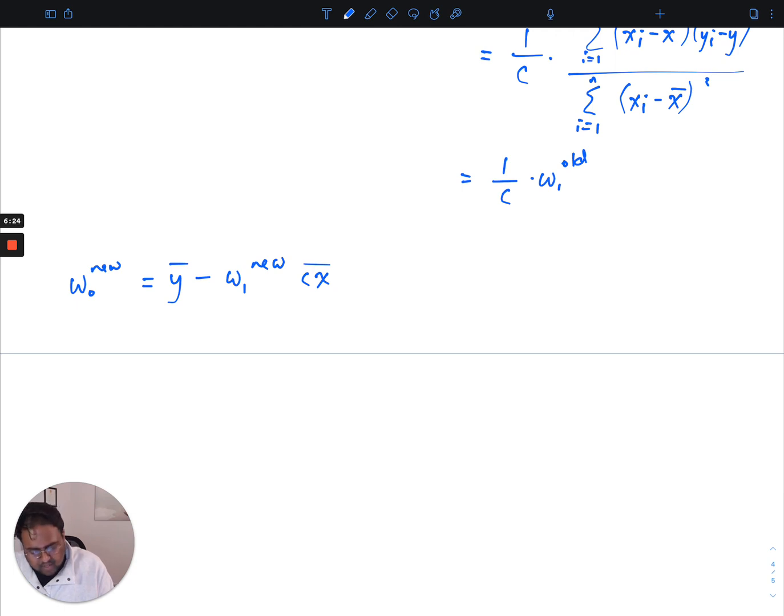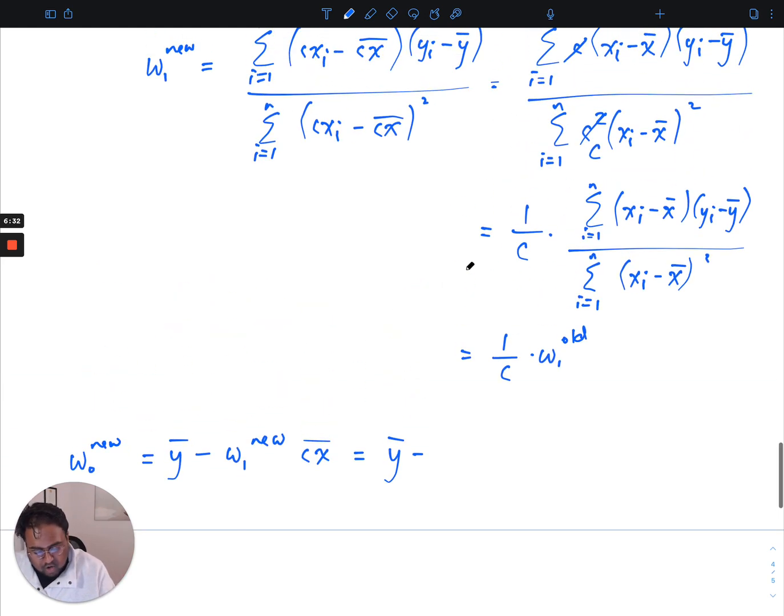Okay. Well, we didn't change the y's at all, so the mean of the y's is also not going to change. I just calculated what my new slope is. It's 1 over c times my old slope. And we just looked at the fact that the mean of c times x is just c times the mean of x. And you'll notice the 1 over c and c cancel.